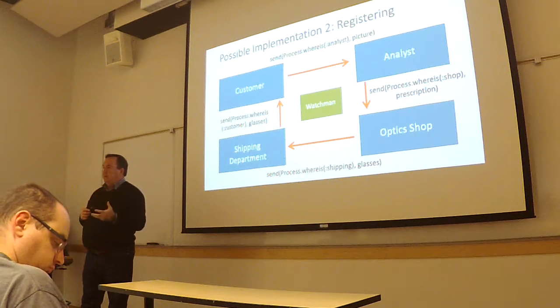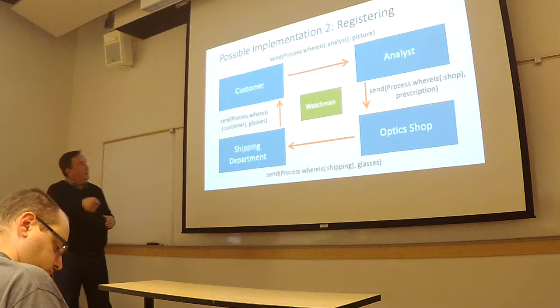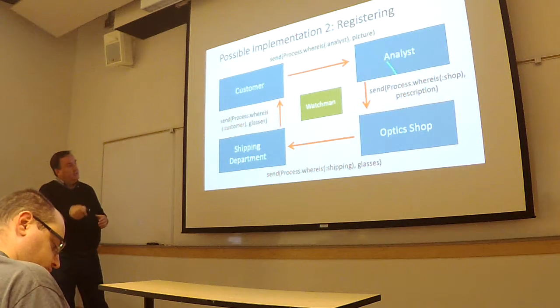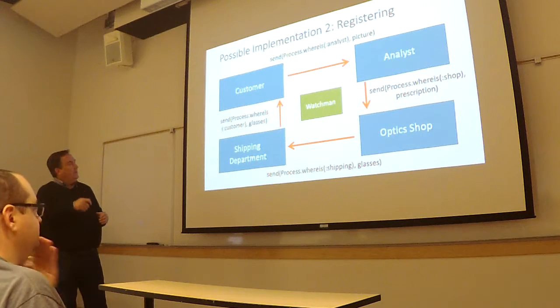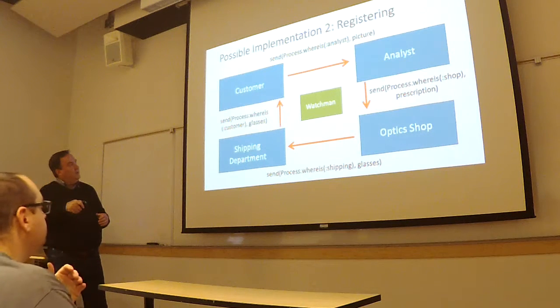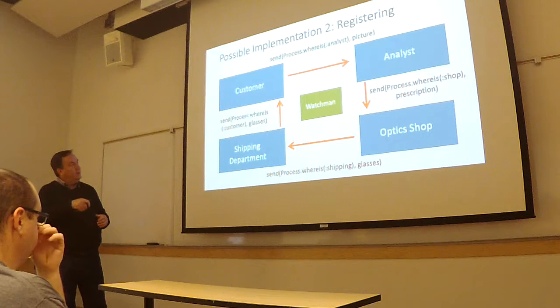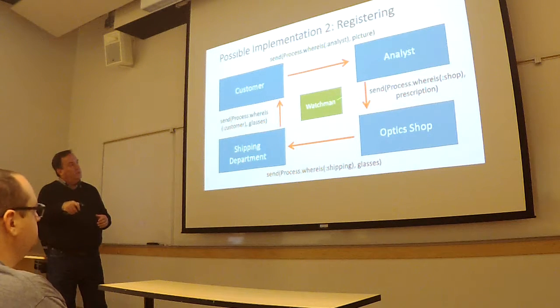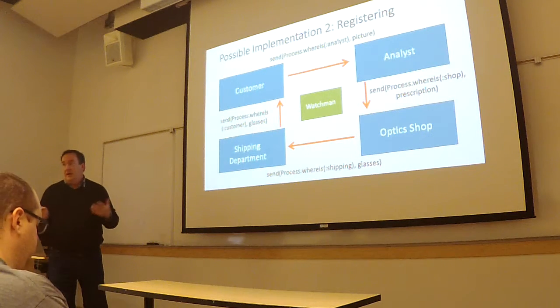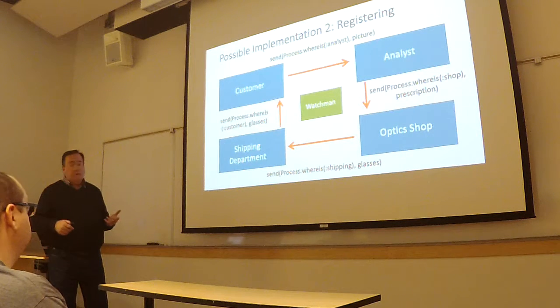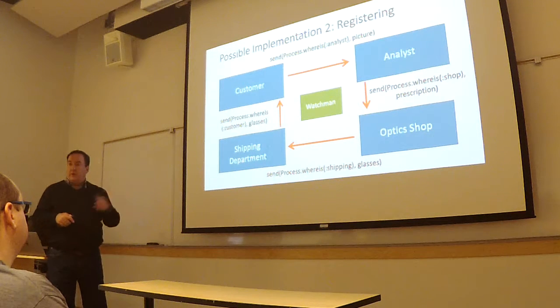We're going to introduce a process that's going to monitor each of these processes. Now, you can sort of think of there's a wall here that's the interface for some client, and this is all sitting on the server. So the watchman's going to be watching these processes. And if one goes down, it will restart it and appropriately update the registry.